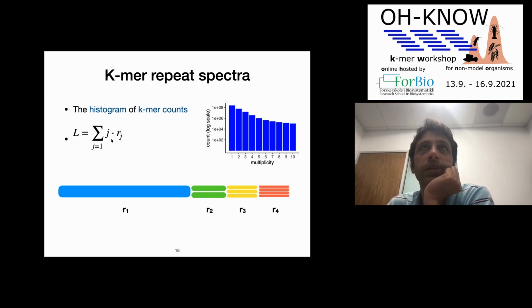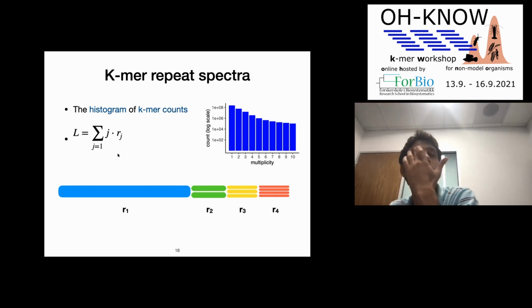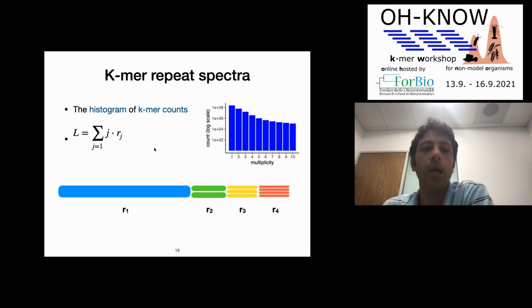How many are repeated twice? How many are repeated 3 times? If you sum those up from 1 to infinity or whatever, you get the genome length, right? So each position in the genome is in one of these bars. I hope that makes sense.